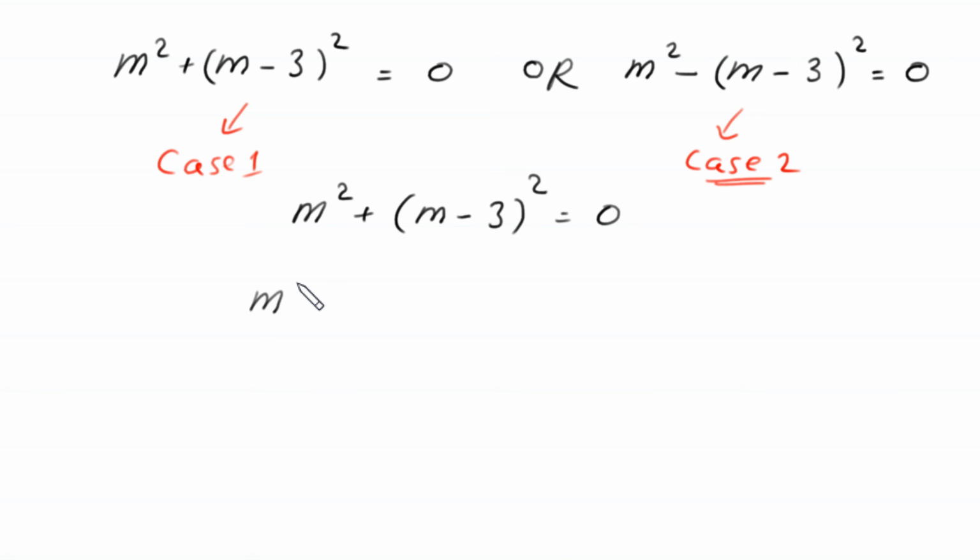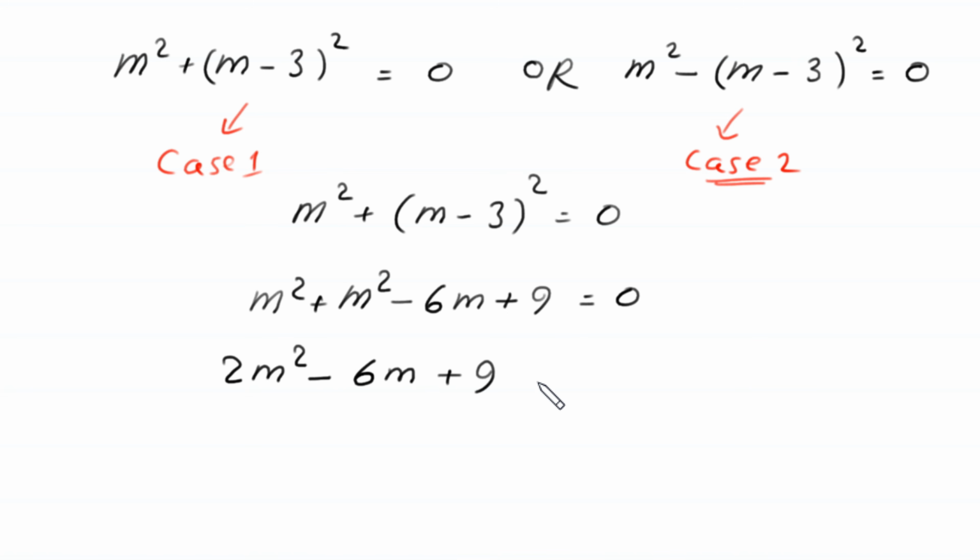So m^2 plus this (m - 3)^2 will become m^2 - 6m + 9 is equal to 0. And this 1m^2 plus 1m^2 will become 2m^2 - 6m + 9 is equal to 0.